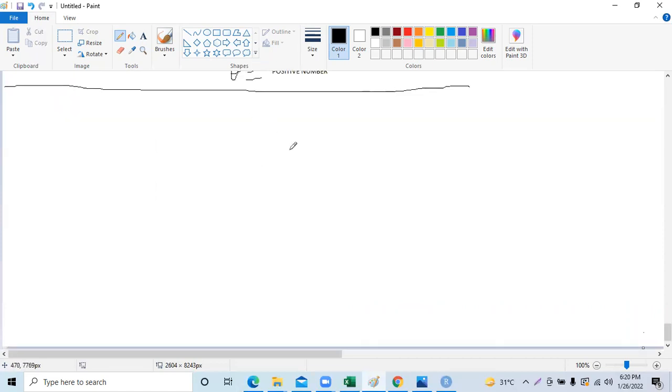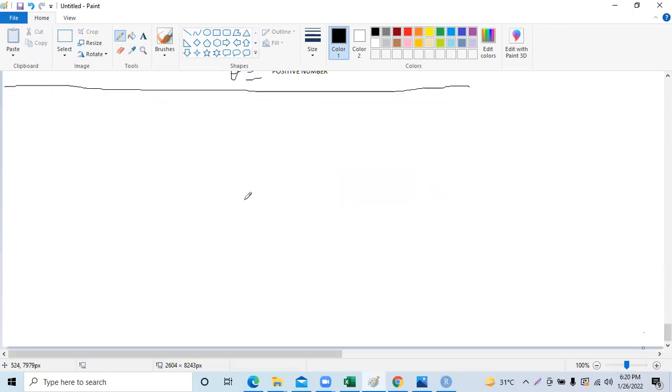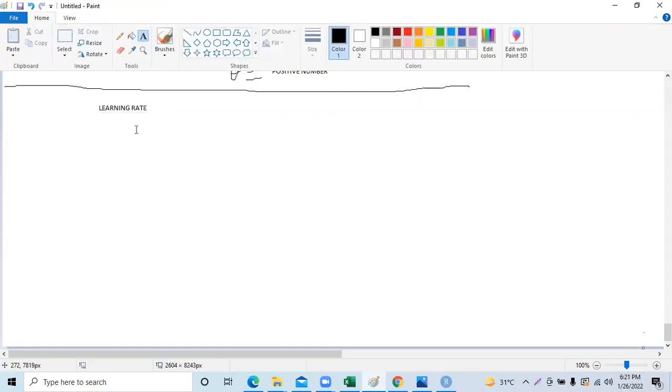Okay, so let's look at learning rate now. So this alpha is called the learning rate. Let's look at how alpha affects gradient descent. Because when you get to deep learning, you are going to fix your learning rate yourself. So you need to know what learning rate means.